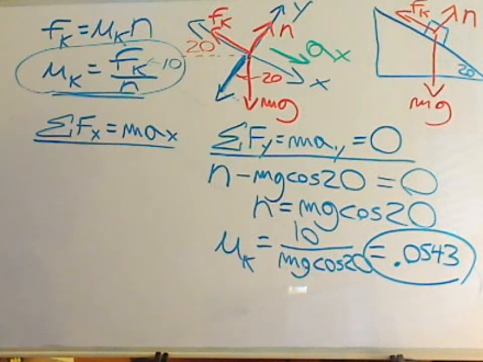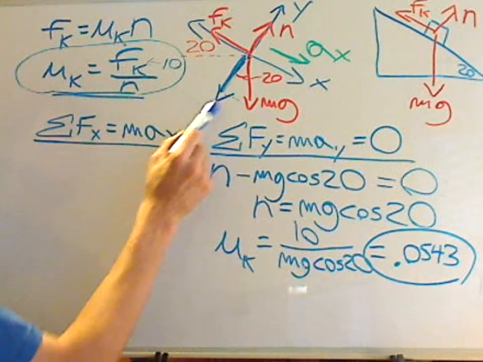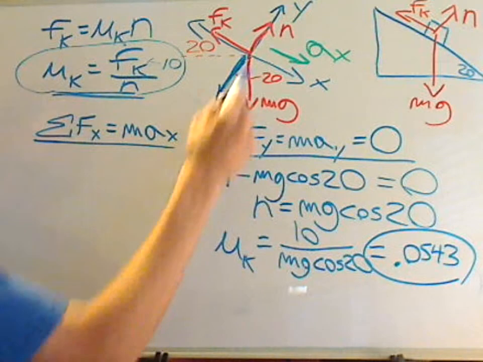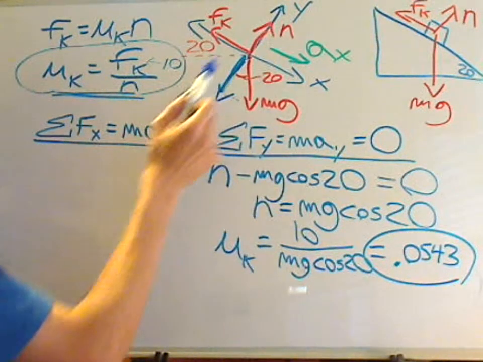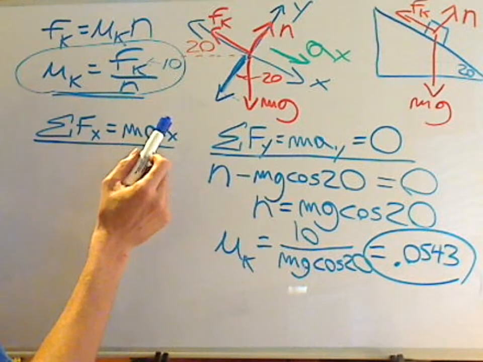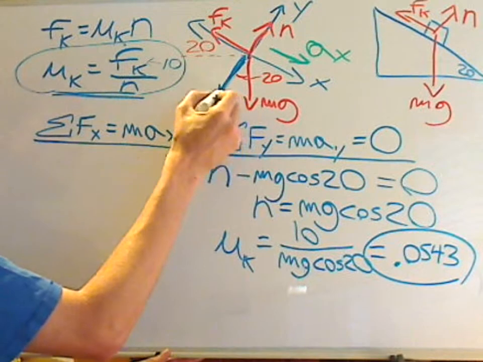Now, what about the x component? What can we learn from the x equation for Newton's second law? Well, let's find our x components. The x component of the normal force is 0, because it's entirely along the y direction. The x component of mg is this length here.